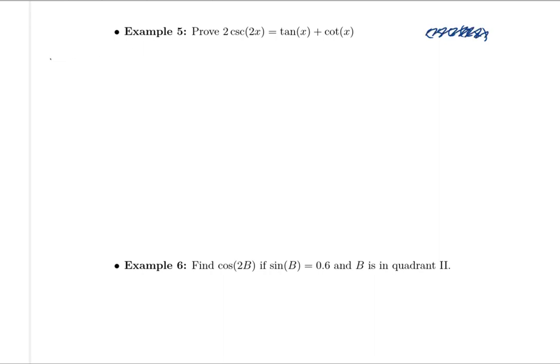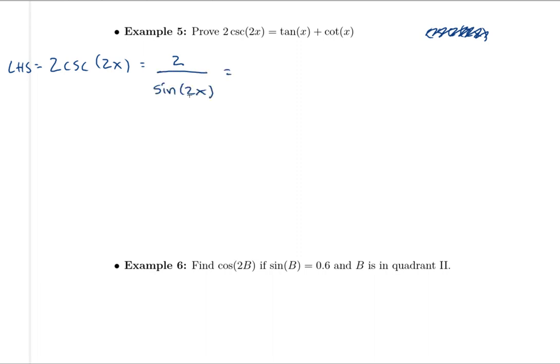So that 2 cosecant of 2x, that's our left-hand side, right? What is that? Well, remember cosecant is 1 over the sine, so this is 2 over the sine of 2x.